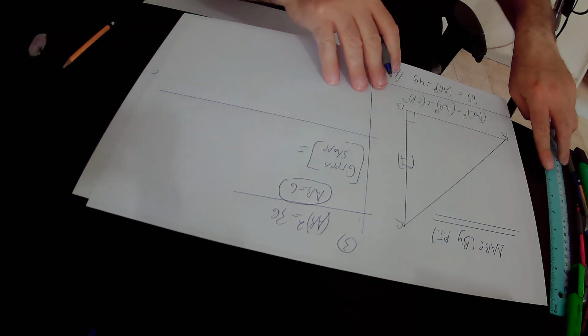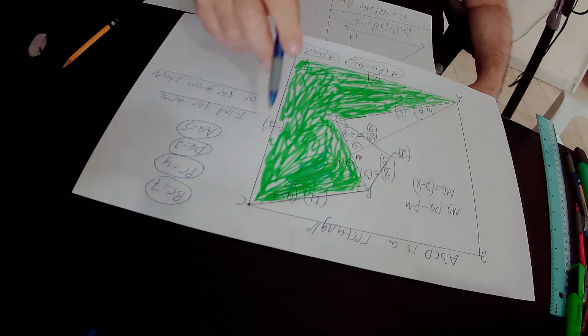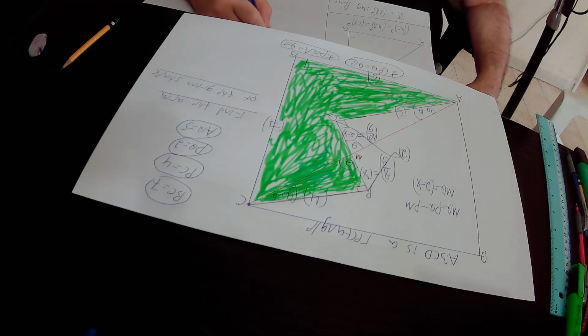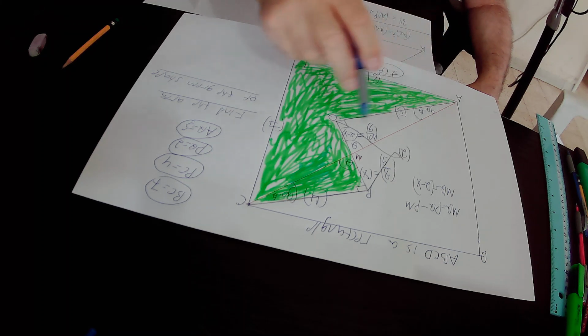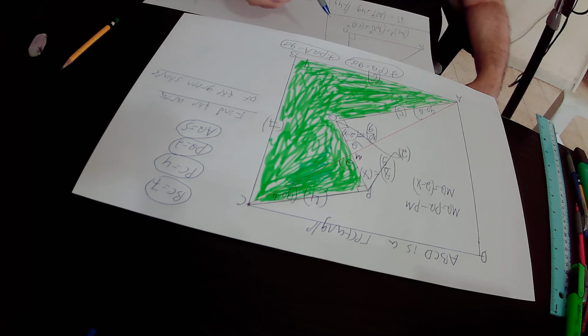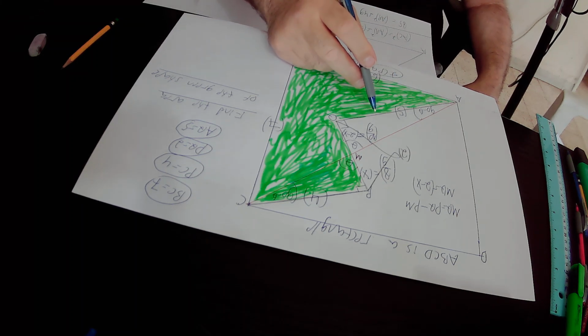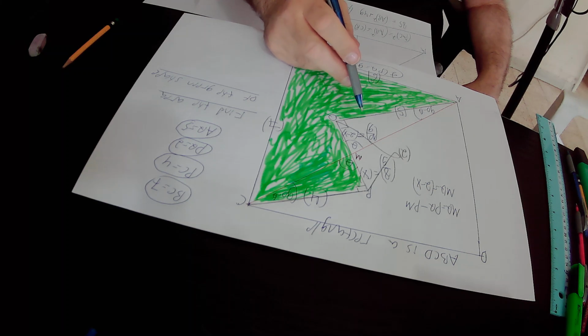The area of the green shape equals the area of the big right triangle ABC. But because the area of the big right triangle ABC includes the area of this white right triangle AMQ, we have to subtract from the area of this big right triangle ABC the area of the white right triangle AMQ, because we are interested only in the green area.